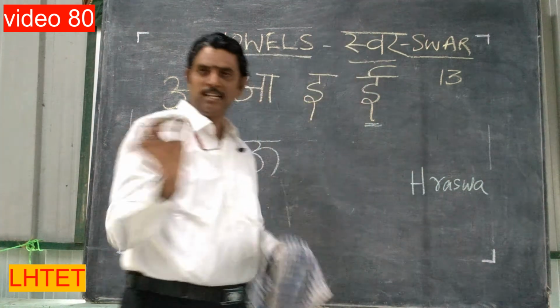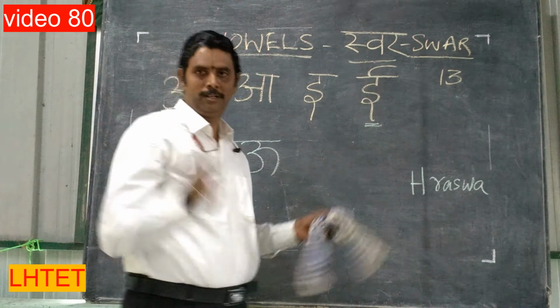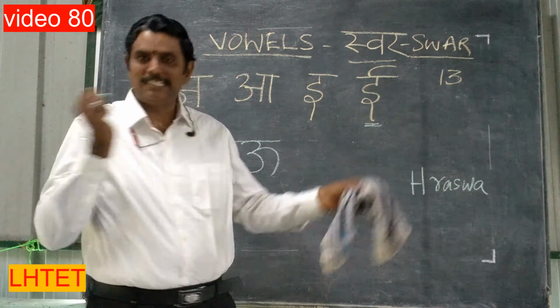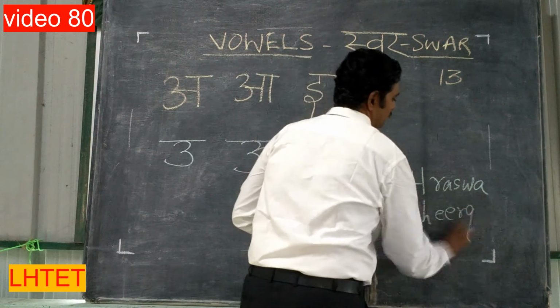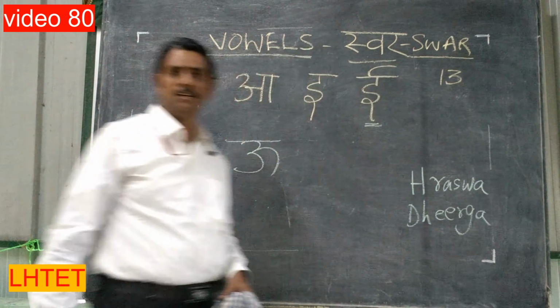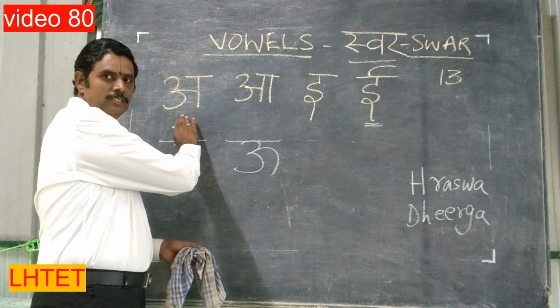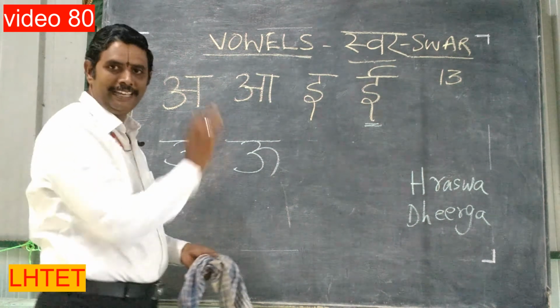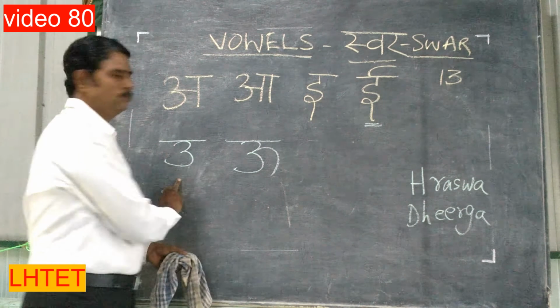When it is lengthened, when it is little big, little more, when you just pull that sound, it is called dirgha. Okay, hrasva, dirgha. Now you say a. E. U.